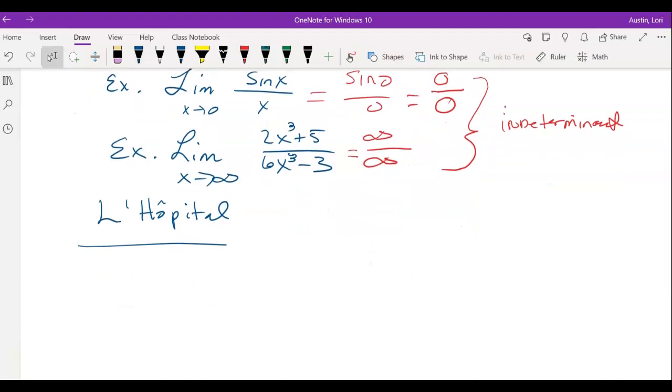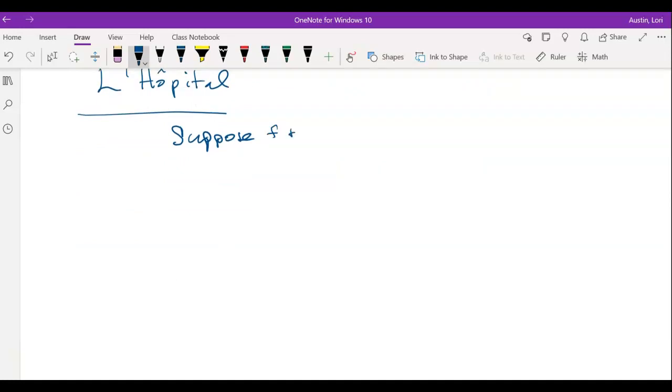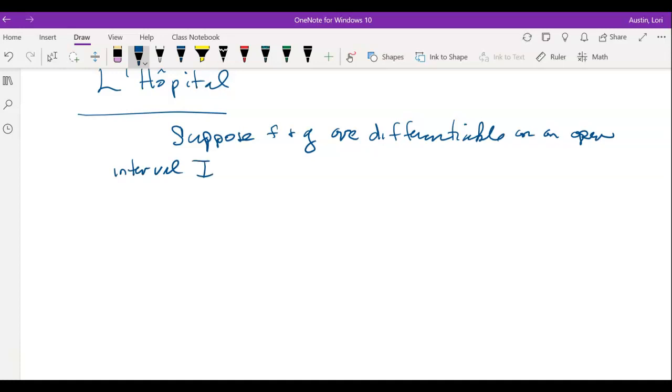So I've got to put all the fancy stuff in there. Suppose f and g are both differentiable functions on an open interval I containing a.